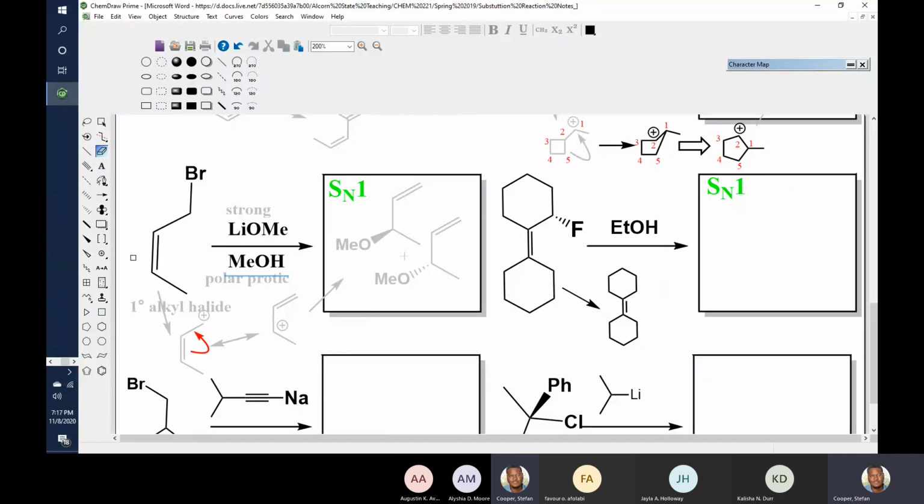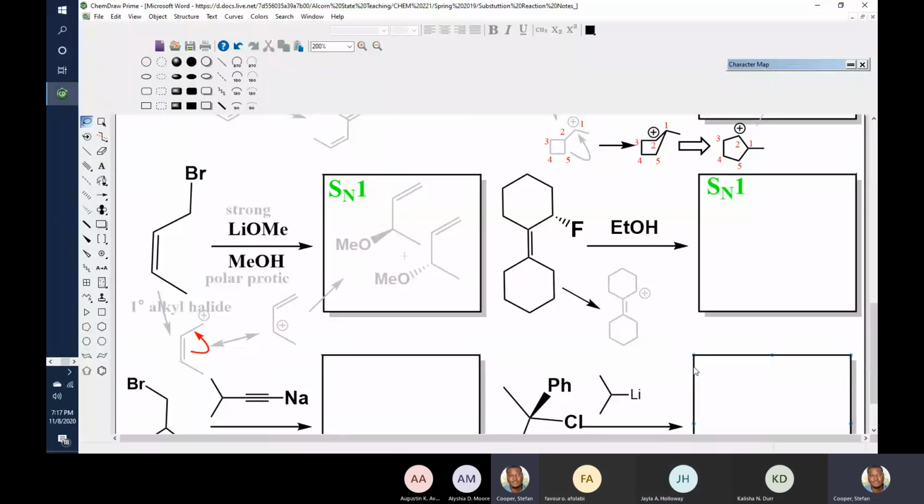So I'm going to form this carbocation, right? Is there anything that could happen productively here? Is there a hydride shift, methyl shift, ring expansion, resonance?